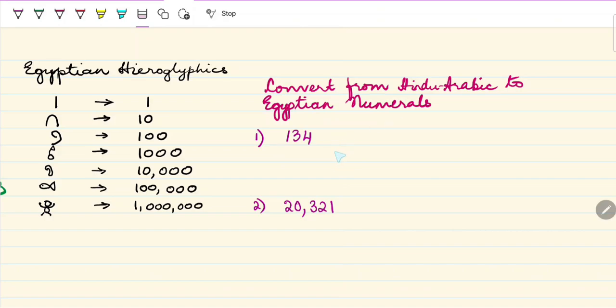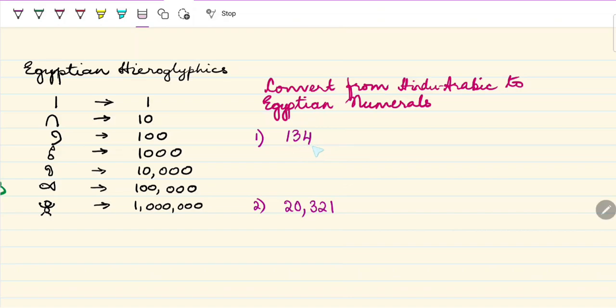All right. First step in this case is to break up this value 134 and rewrite it in terms of the values of the Egyptian numerals. So we have been given here 134.